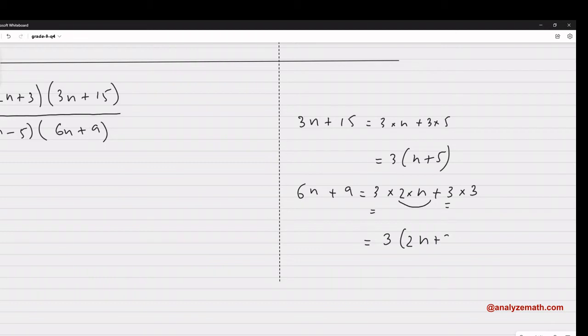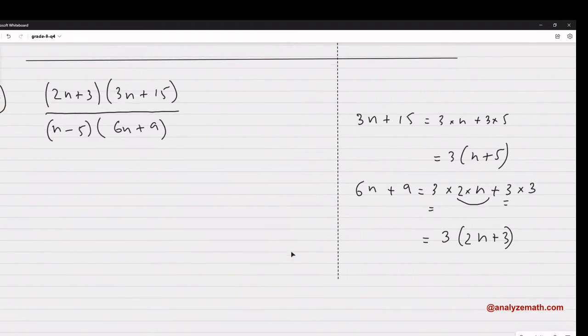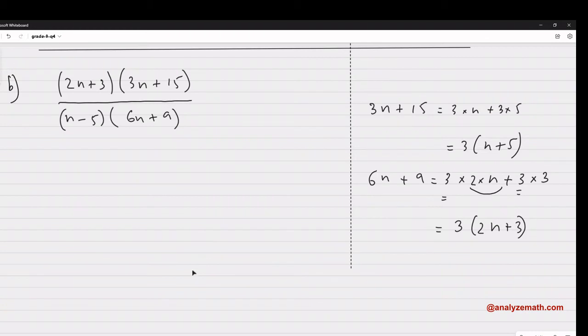Good. Now let's go back to our expression and substitute the expressions we just factored. So 2n plus 3. Now 3n plus 15 is 3 times n plus 5.